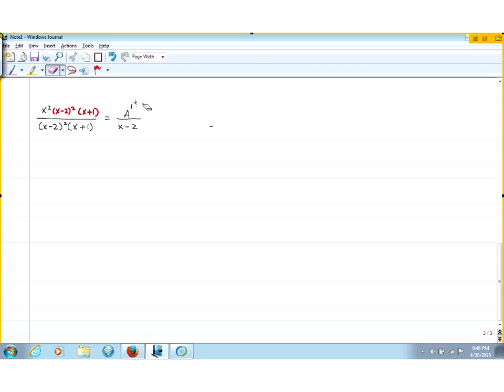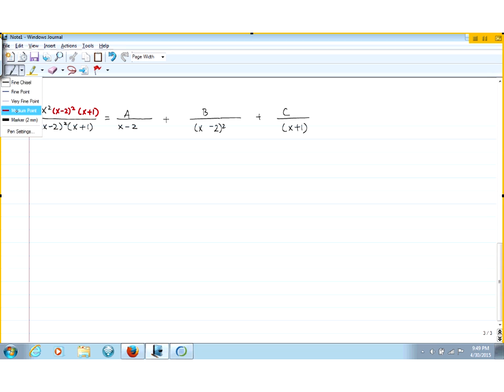Paste. Alright. Now, I'm going to rewrite this first. So, A over x minus 2, and I'm going to give space for the multiplication, plus B over x minus 2 squared plus C over x plus 1.